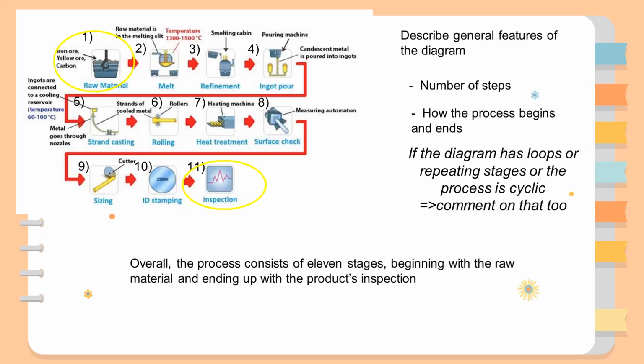So overall I write in this way: overall, the process consists of 11 stages, beginning with the raw material and ending up with the product's inspection. So the overview, you have to write in 1 or 2 sentences.